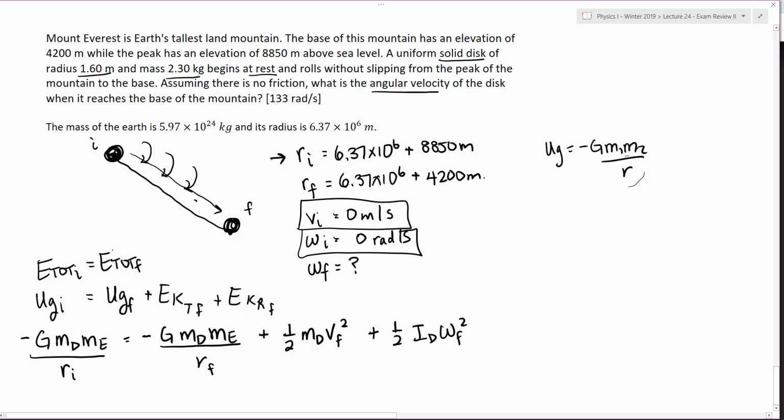If the question was asking for the final speed of the disk, we would have to change the omega final to a v using the equation v equals omega r.